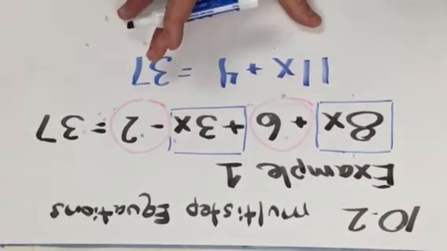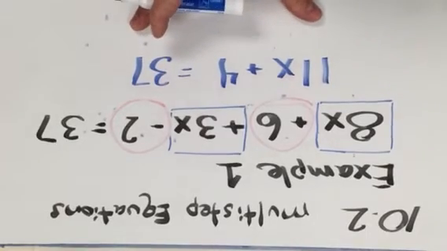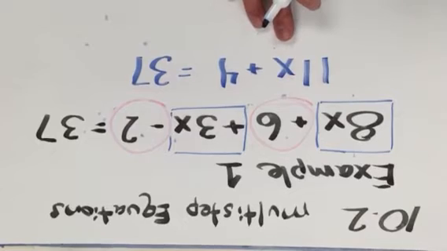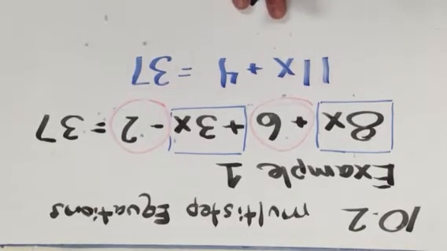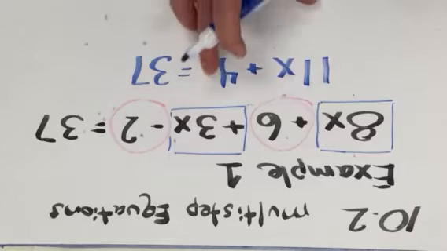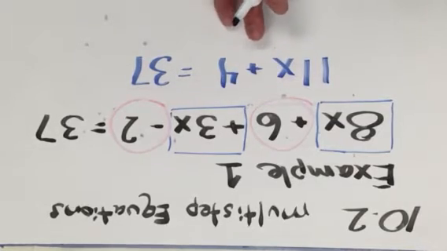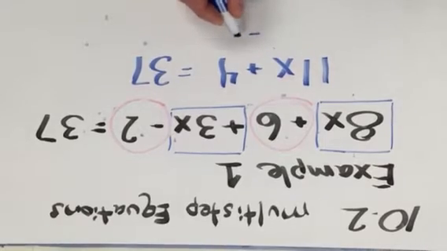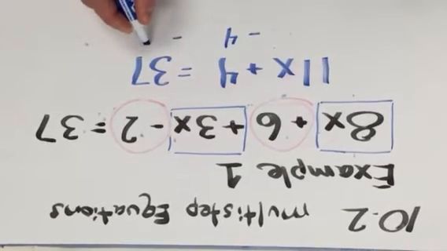What we have here is considered a multi-step equation because it's going to take multiple steps to solve for x. We need to keep in mind inverse operations. Specifically, we have to get rid of the 4, and since this is adding 4, we subtract 4 from both sides.